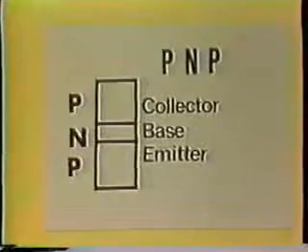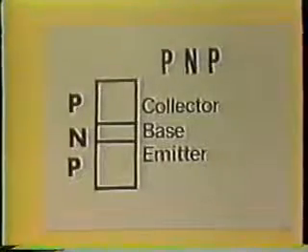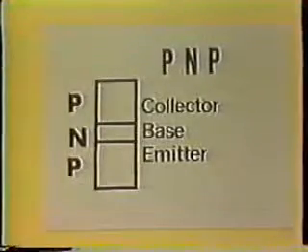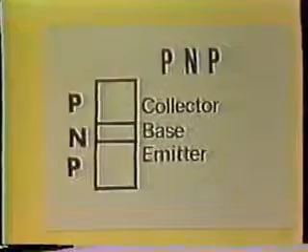We have explained how a transistor amplifies using a PNP transistor. The NPN transistor works the same way, except the polarity of the batteries would be reversed. The layers of the N-type and P-type material in a transistor have names.